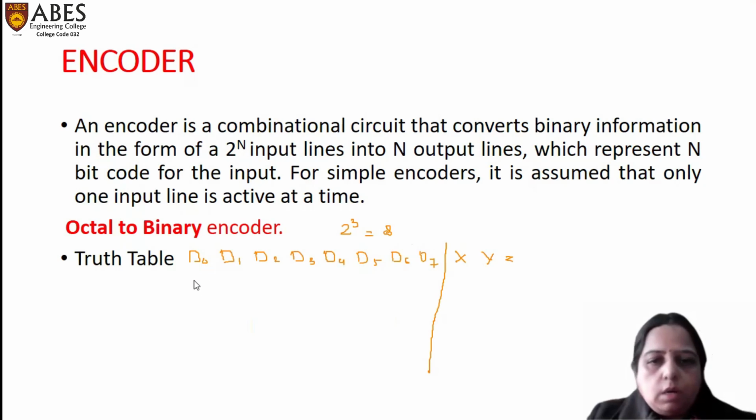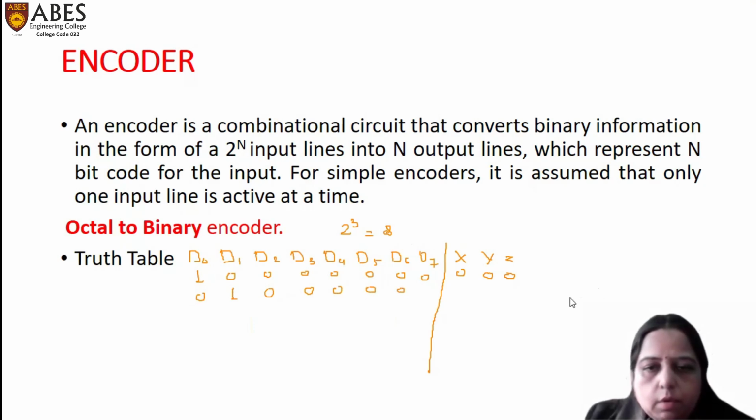For D0, in the first case, we will have D0 equal to 1 and the rest all 0. Corresponding to this, we have the binary 0, 0, 0. Then in the next case, D1 is 1 and the rest are 0.